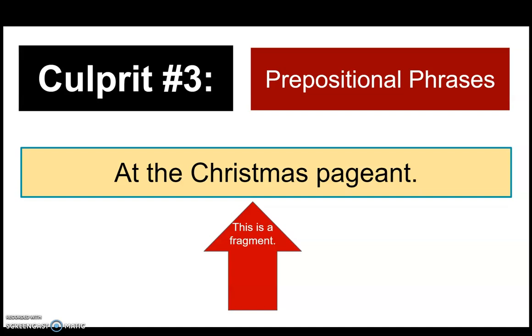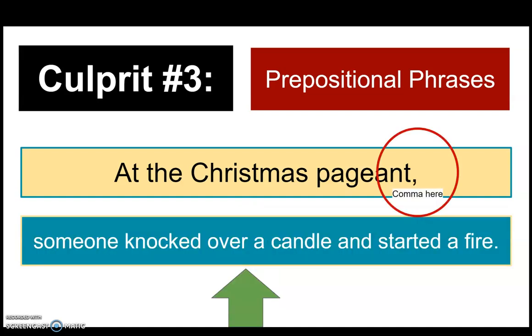So, this third culprit, the prepositional phrase, it's a phrase that begins with a preposition. In this case, it's at the Christmas pageant. If we have a period there, if we're left hanging, at the Christmas pageant, what? So we can fix it by connecting it to an independent clause. At the Christmas pageant, someone knocked over a candle and started a fire.